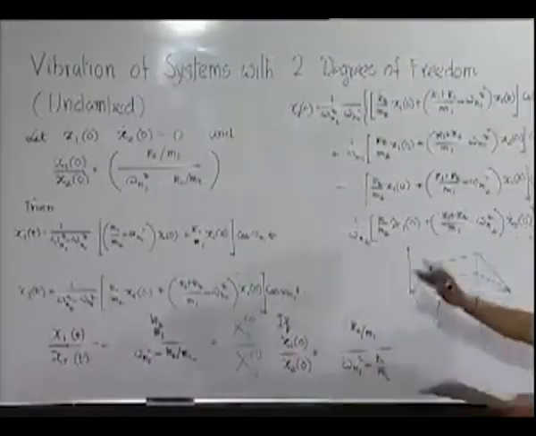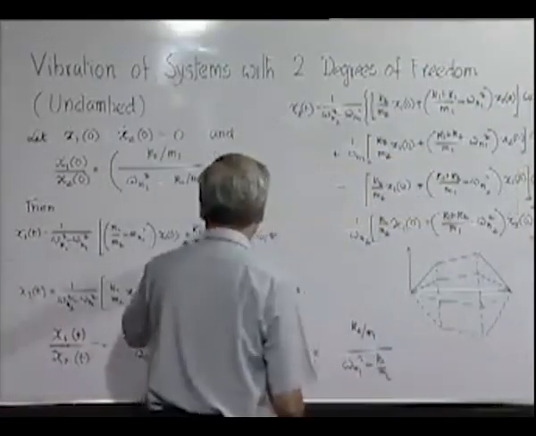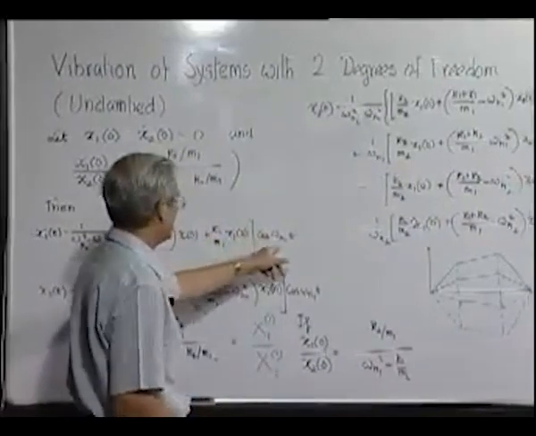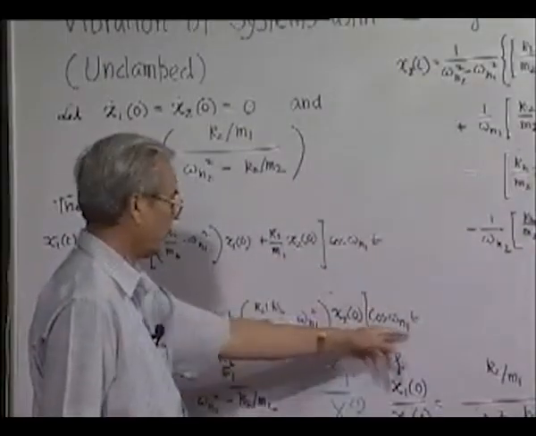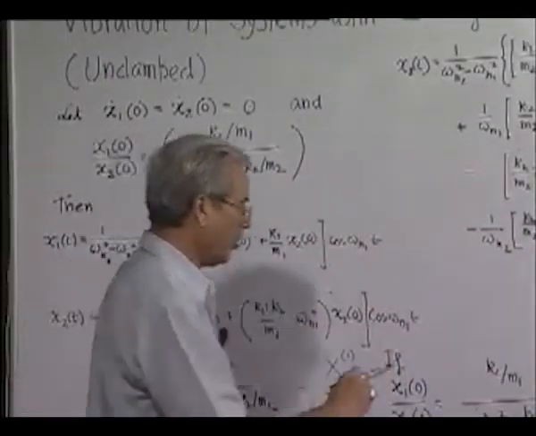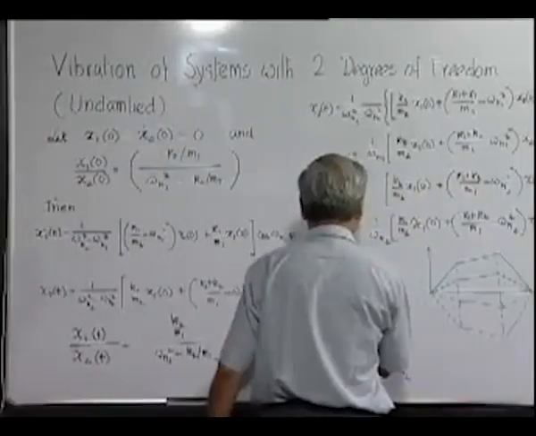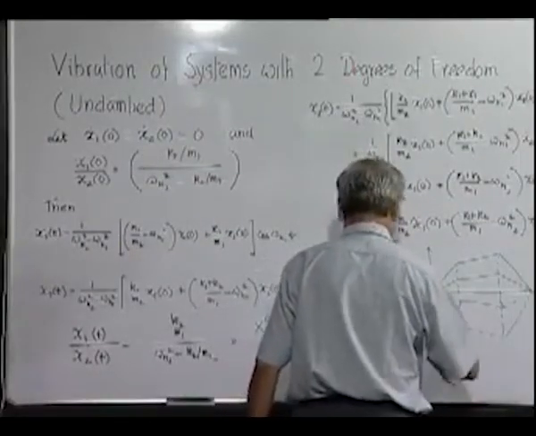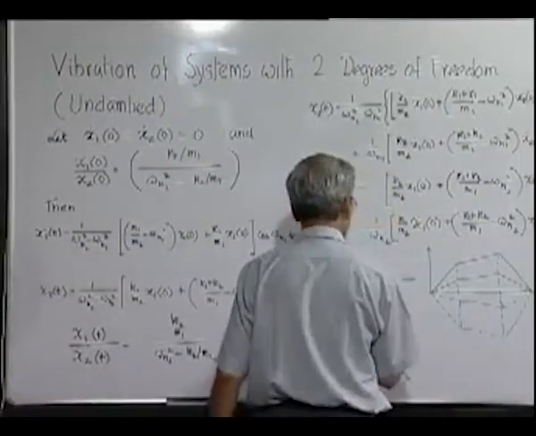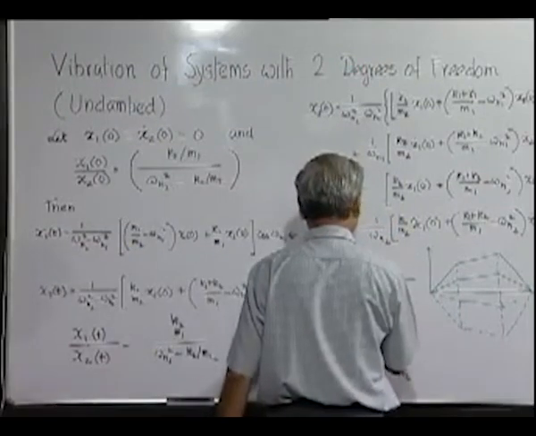We can substitute and verify. Then again we are getting same, that means the vibration of the whole system x1 and x2 as functions will be simply proportional to cosine omega n 2t, and that will be the second mode.